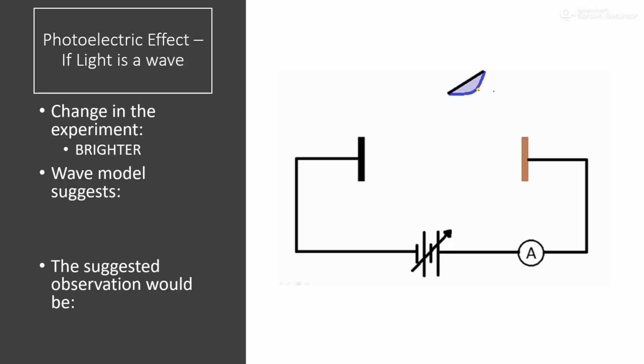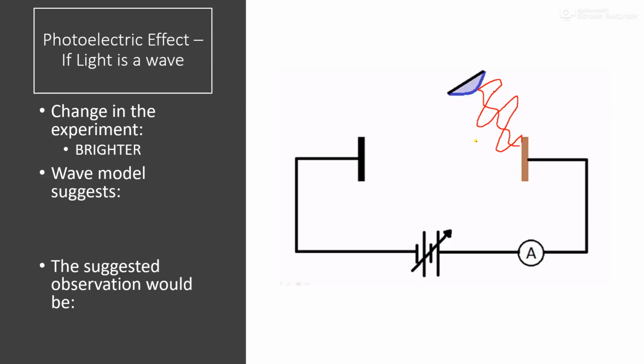If I have red light shining on this photoemissive plate, at the beginning I shine a very weak light upon it, and you can see that the wave I'm drawing is a very small wave. But I can increase the brightness of that light, and then my wave will grow bigger, so the amplitude of that wave will become bigger.